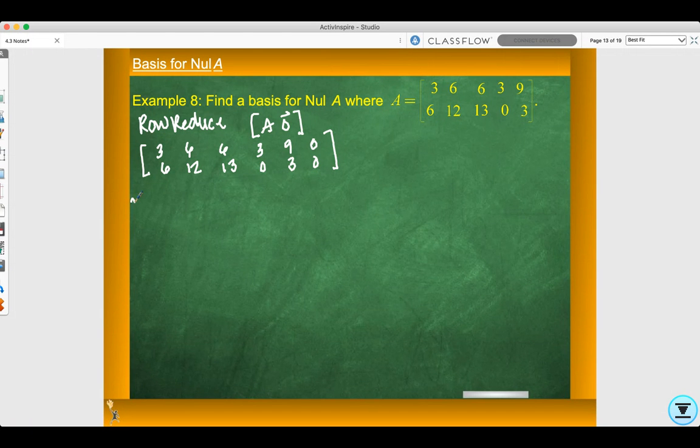So the first thing that I would do is take negative 2 row 1 and add it to row 2. So row 1 would stay the same.